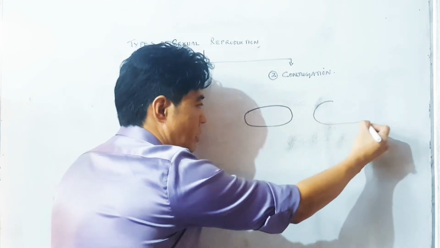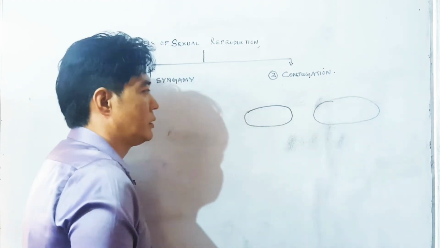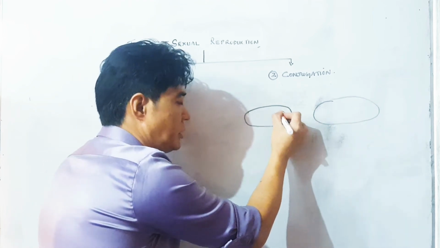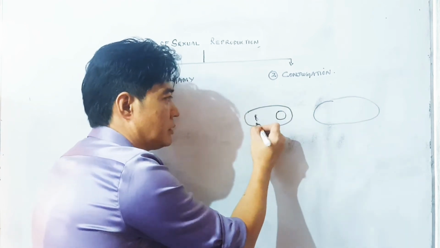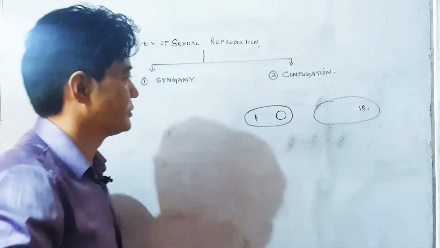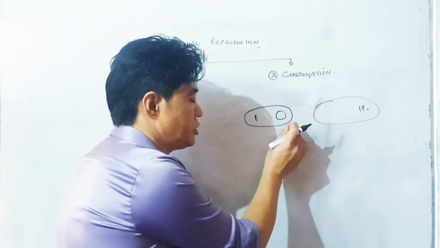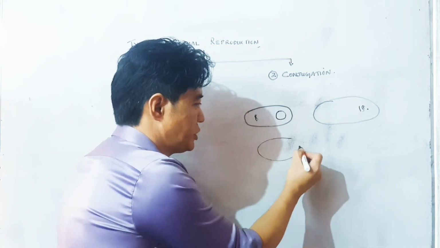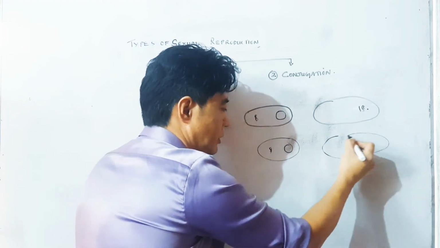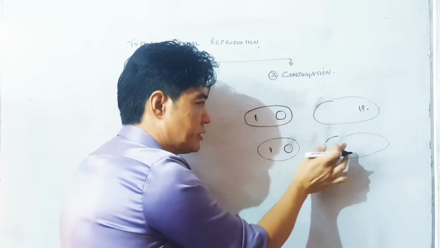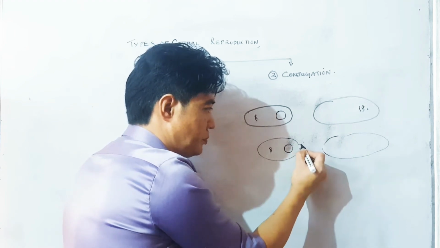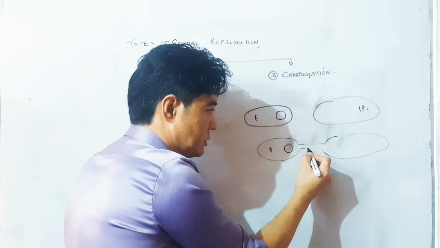these two are bacteria, and here are the genetic materials. During conjugation, a conjugating tube is formed. Say for example, this is the donor and this is the recipient.